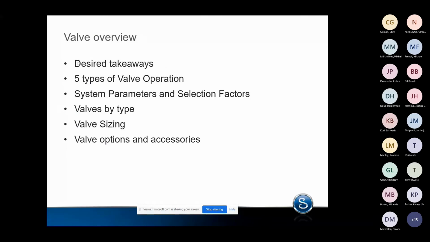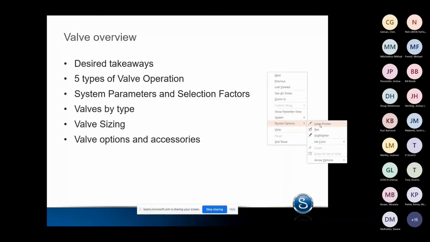We're going to review different system parameters and selection factors that are going to affect which valves we're going to be choosing. We're going to go through valves by type. We're going to go through some other valve sizing techniques, and then review some valve options and accessories as well. It's not going to be a holistic list of options and accessories, but more the most common that we're going to run into in industry here.